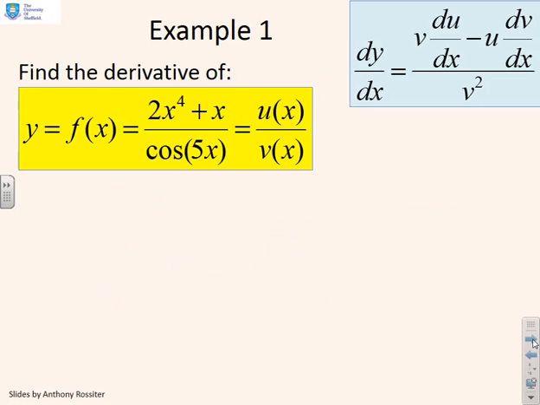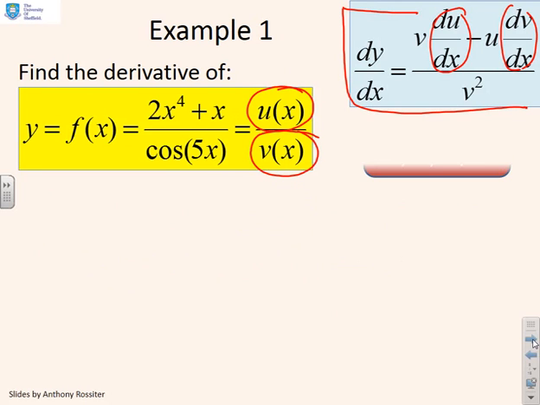First example then. Find the derivative of y given by 2x to the 4 plus x over cos 5x. We're going to use the quotient rule, which I've put up here in the top right, just so we remember what it is. The first thing we've got to do is clearly define u of x, v of x, and the associated derivatives, which we need in this rule.